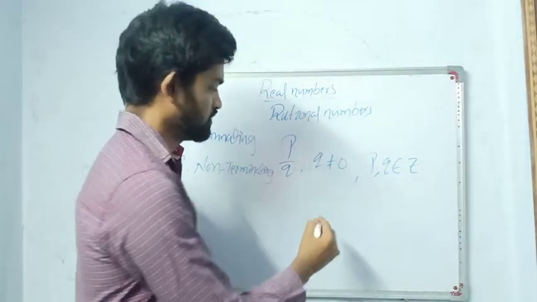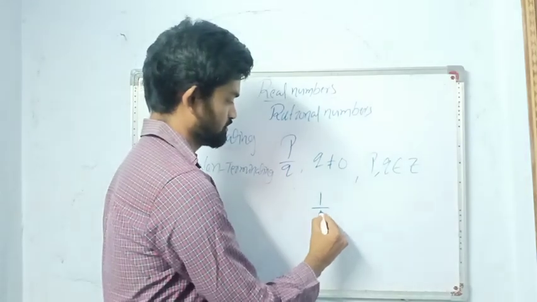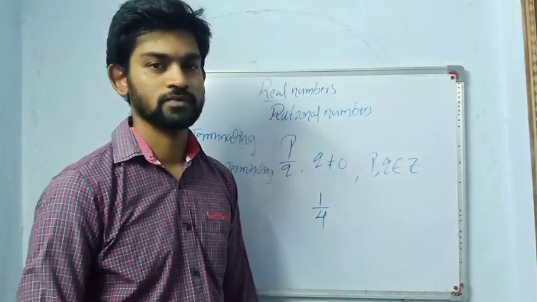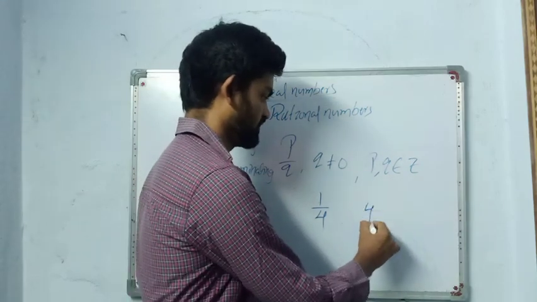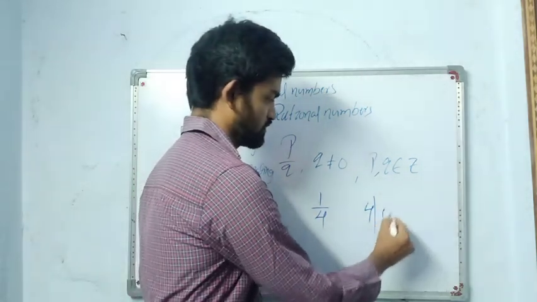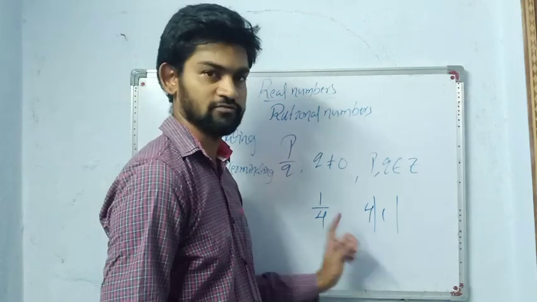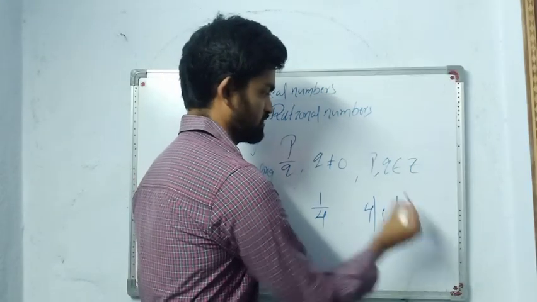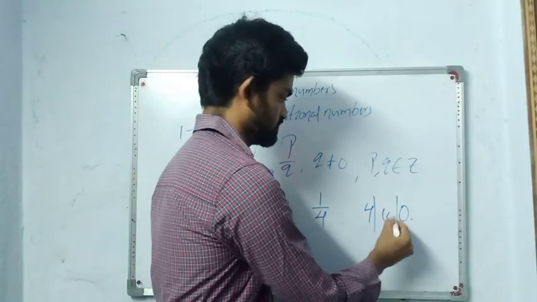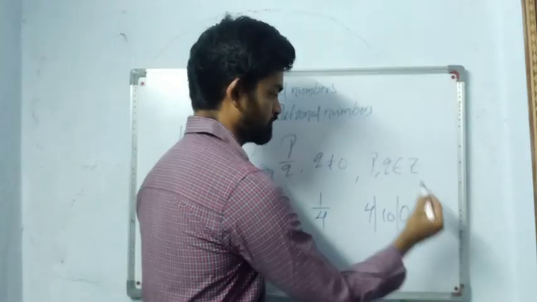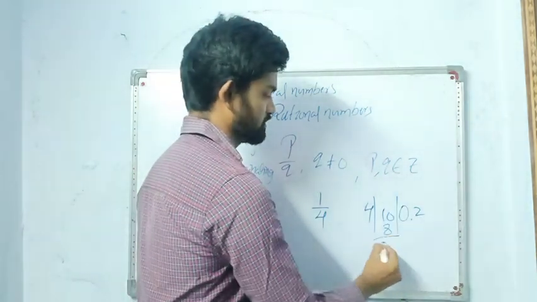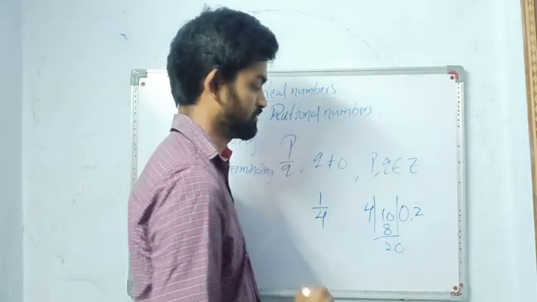Let us take this rational number, 1 by 4. You know how to divide, right? We divide by the denominator. 1 is less than 4, so we take a decimal point. Because of the decimal point, 0 will come. 4 twos are 8, remainder is 2.